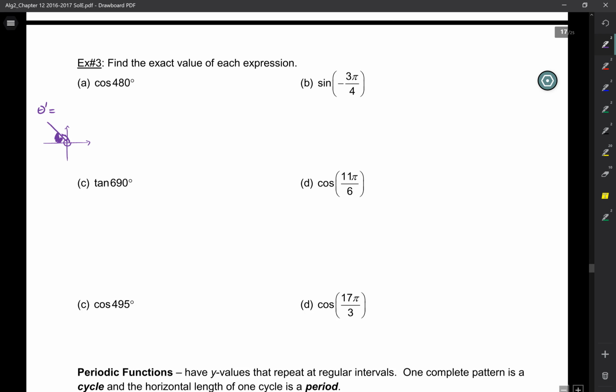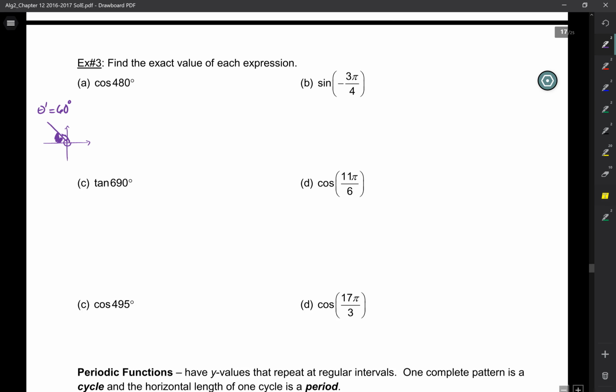But it should go the other way because it's counterclockwise. How does the clock run? The clock runs this way, so I need to go that way. So here we go. 360, 120. This gives me a balance of 60 degrees.